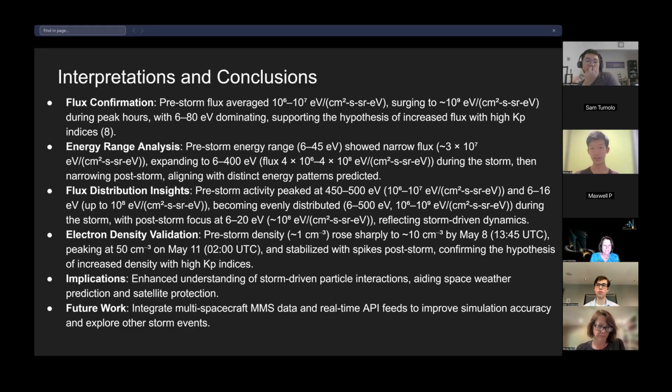And for electron density, it rose sharply around May 8th at this period of time, and stabilized. And there's an increased density at high Kp intensity. And for future work, I hope to use real-time data to improve the accuracy as well.